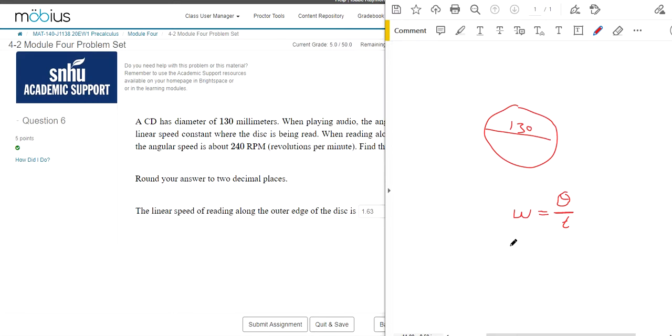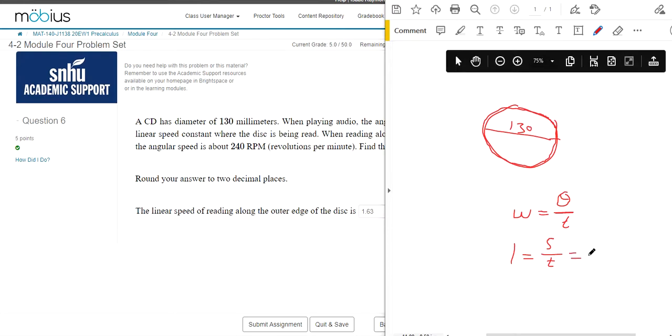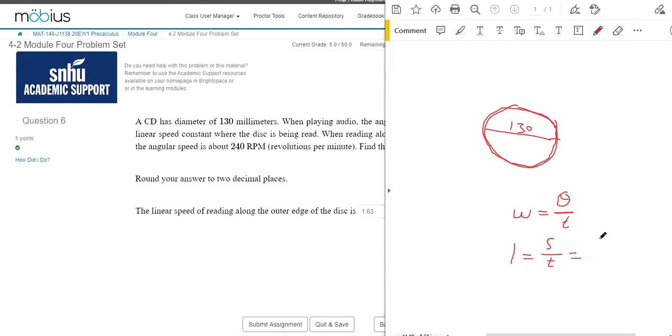Linear speed, which is sometimes lowercase l, is found by taking the distance it travels and dividing it by time. And those are different, right? The angle changes at a different rate than the distance does. So let's say we go a full revolution around this circle. This circle is 130, so it's 65, 2 pi r.